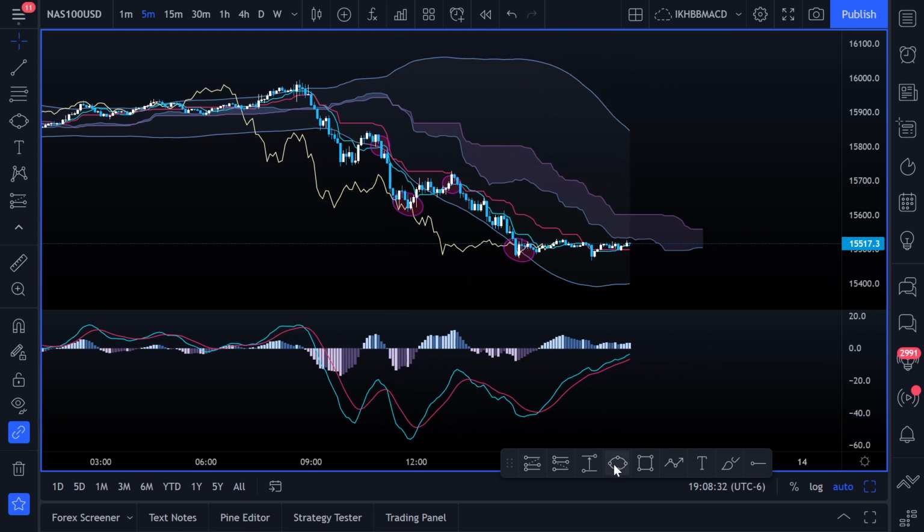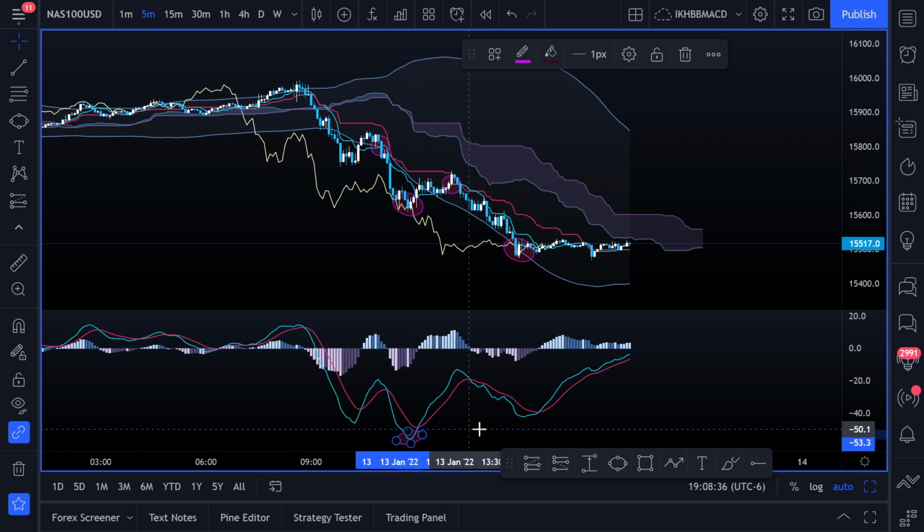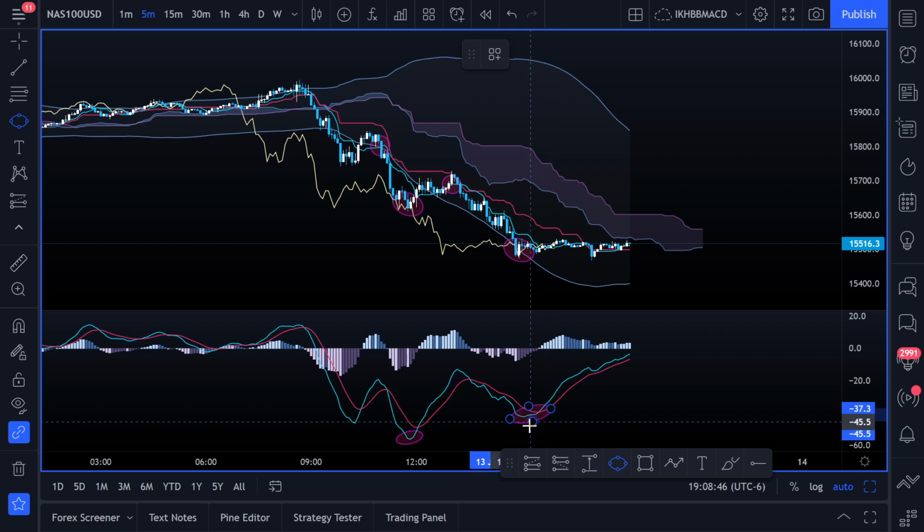However, we have this low on the oscillator, and we have a higher low on the oscillator. So this is a bullish divergence.